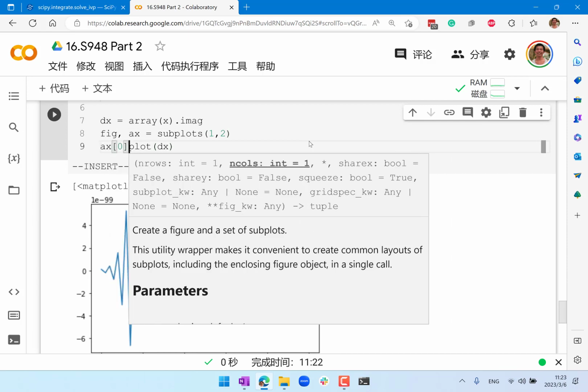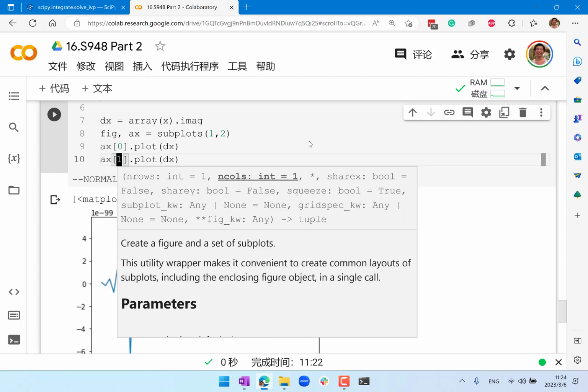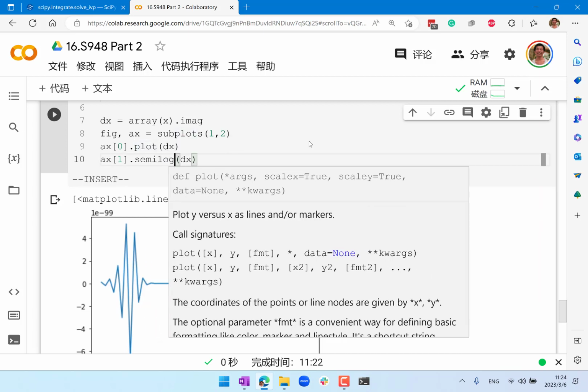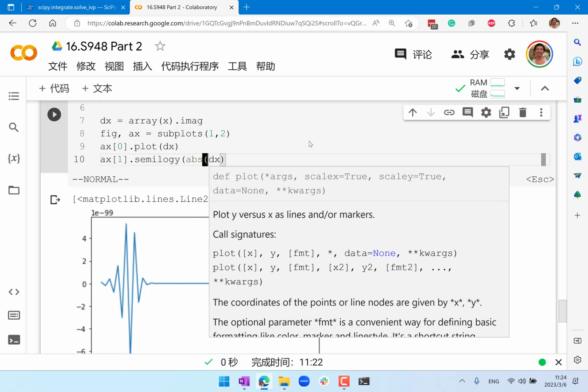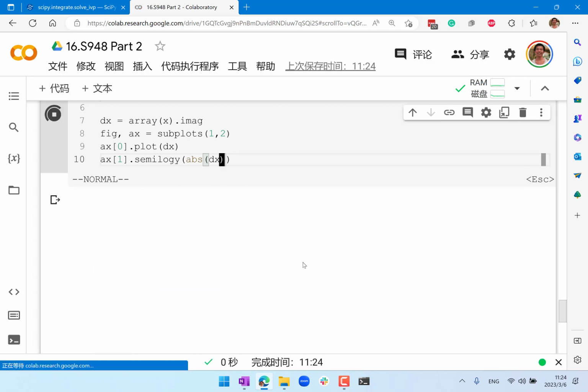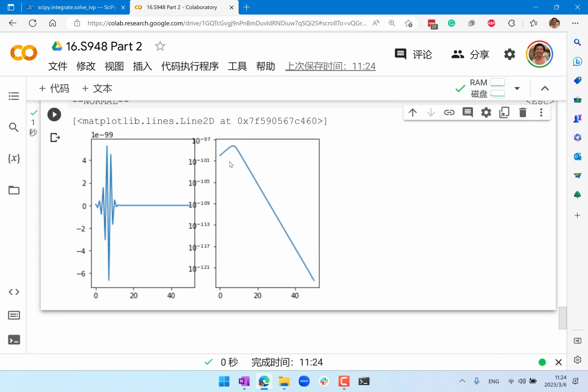We are going to plot dx in linear scale first, and then semi-log y, because dx has positive and negative values, so we'll take the absolute value. And that's what we see here. Initially we have an exponential-like growth, and then it turns into an exponential decay, which is a linear slope on the semi-log plot.